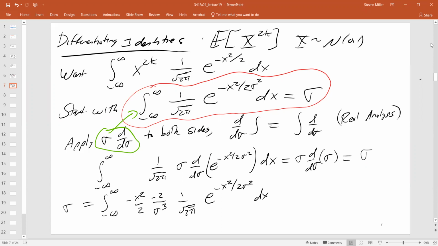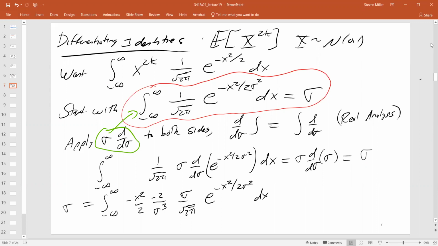It's sigma d by d sigma. I forgot to include sigma. So I've got sigma cubed over sigma, which is a 1 over sigma squared. One of the sigmas comes in here and makes it a square root of 2 pi sigma squared. The other sigma comes over to the other side and gives me a sigma squared.